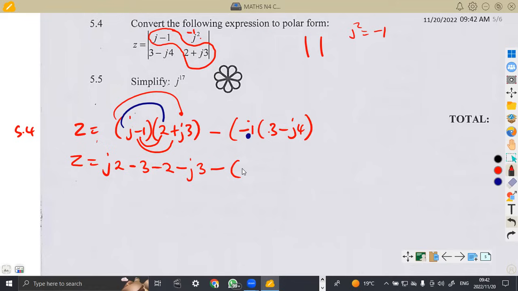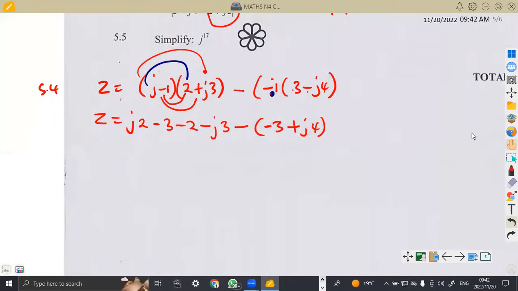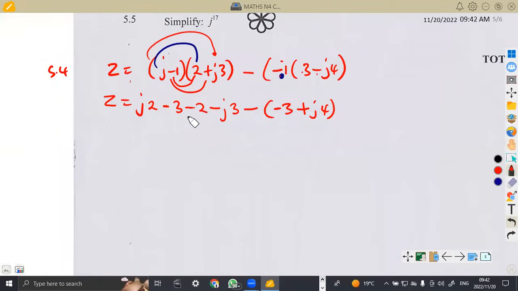So it's -3, and -1 times minus J4 gives a plus J4. Then we can collect like terms. Let's collect like terms: 2 minus 3, that's -1, so this gives us negative J.